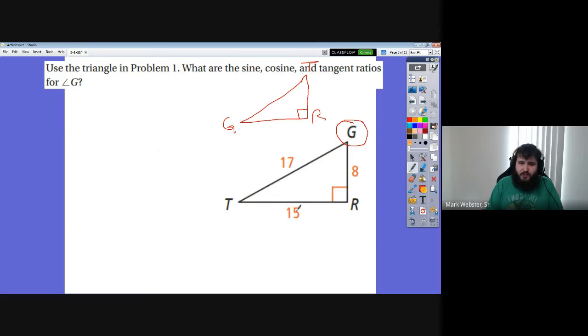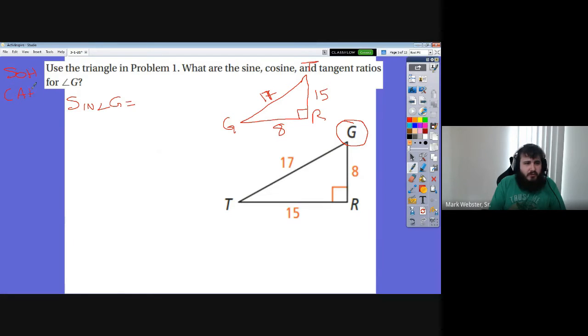Well, what's opposite of G? 15. The adjacent side here is 8, and then the hypotenuse is 17, right? So now that I've successfully taken the triangle and flipped it, now I can do my sine, cosine, and tangent just like before. Remember, sine is opposite over hypotenuse.